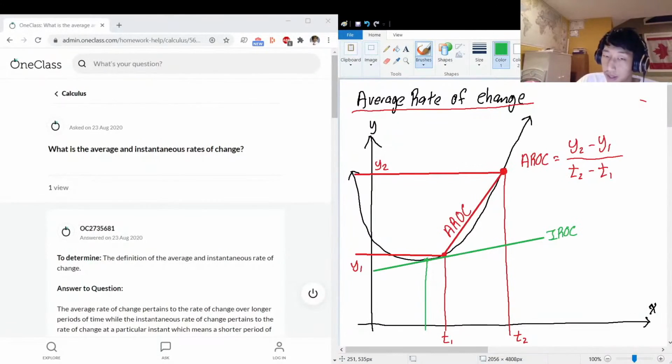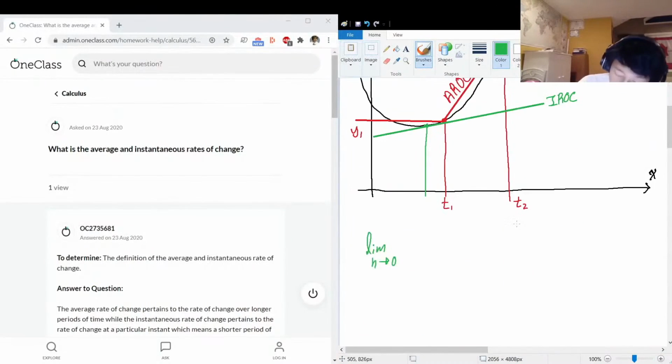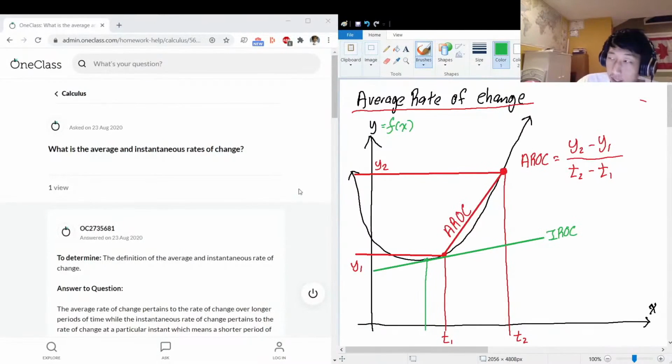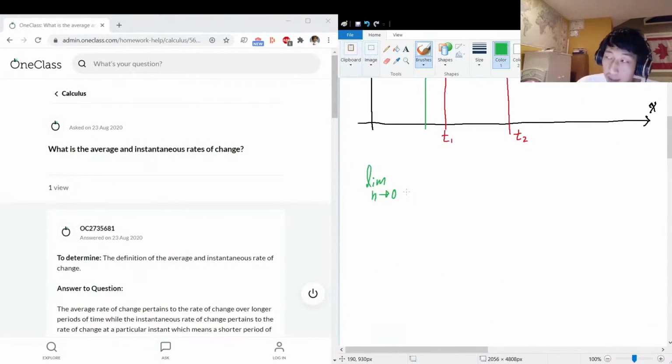On top is going to be y of 2 minus y of 1. Perhaps instead we could also say that this is equal to a function of x. So what we can say here is that it's what's immediately after minus what comes earlier, right? So if h is the separation between them, it's going to be f of x plus h minus f of x.